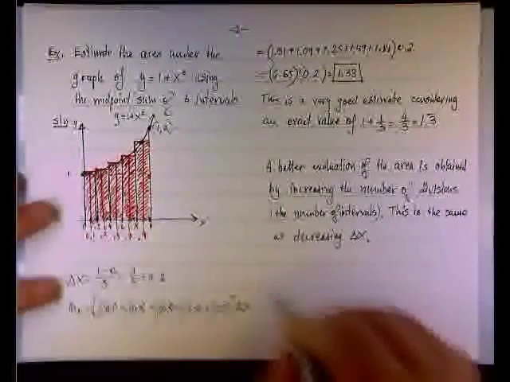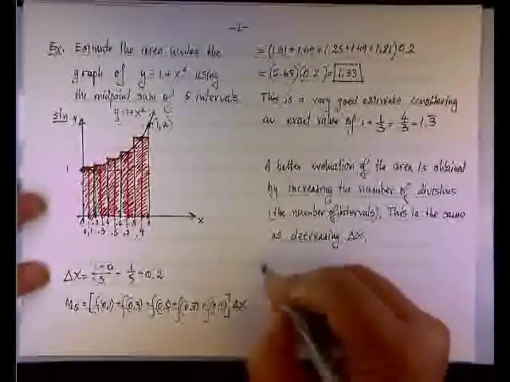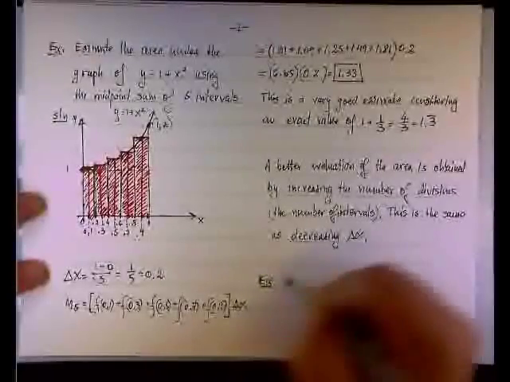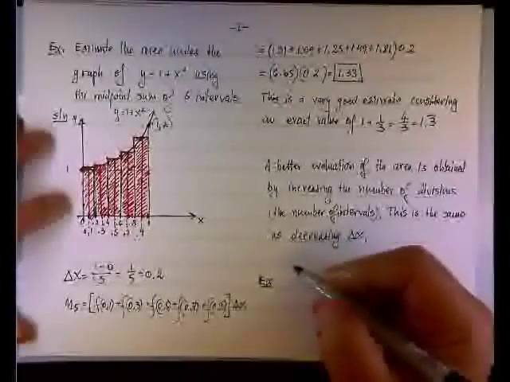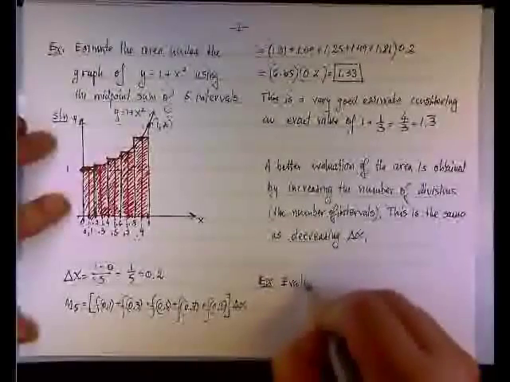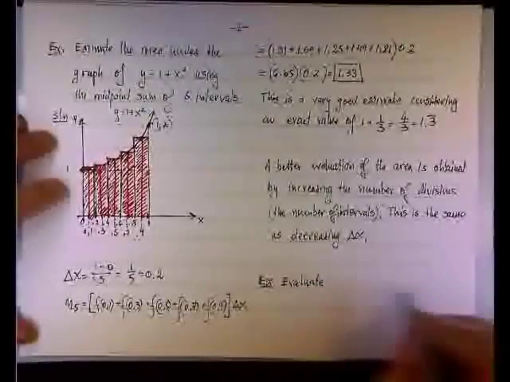So here comes an example where we're actually going to put this idea to use. Okay? Evaluate the area. We're going to go back to the old function that we used before, y equals x squared.